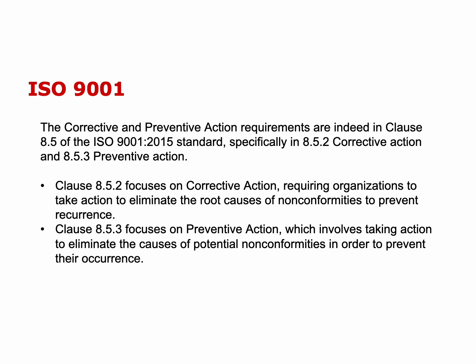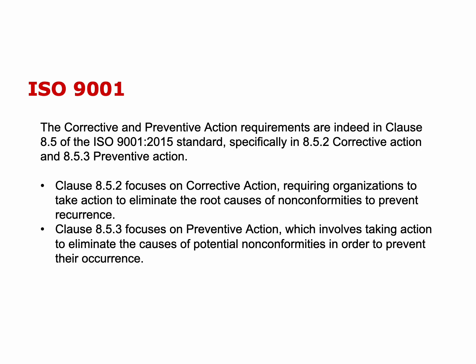Now, clause 8.5.2 focuses on corrective action, requiring organizations to take action to eliminate the root causes of non-conformities to prevent recurrence. Obviously, we need procedures, we need training, we need audits, so that we will make sure that there is a continued sustainability.